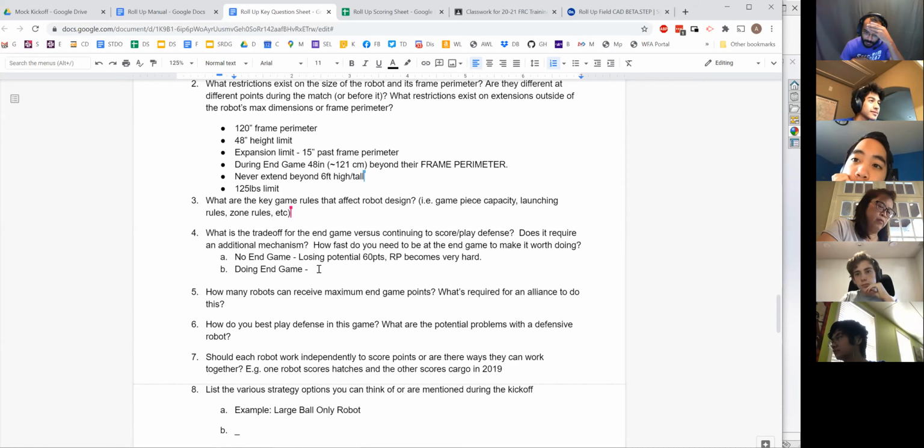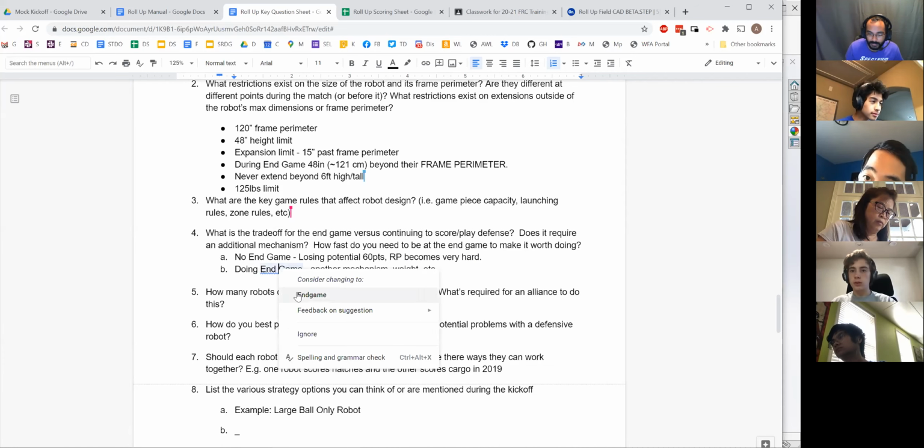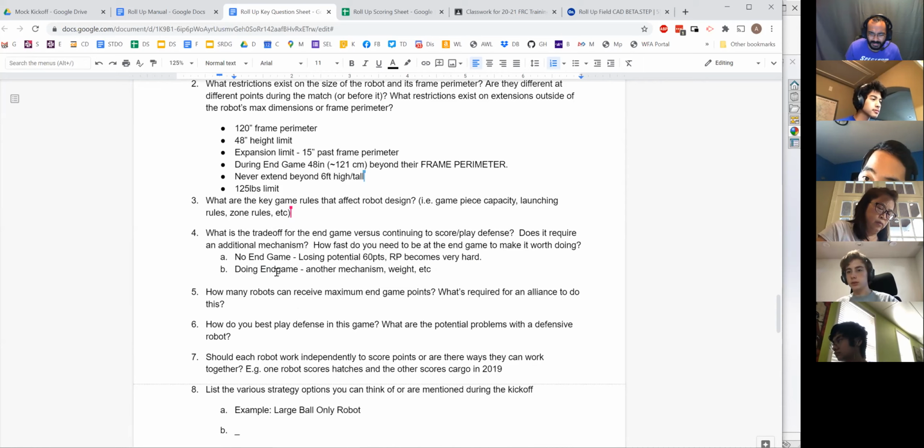Okay, so what is doing the end game? What are we sacrificing? There's another mechanism, right? Almost certainly. Mechanism, weight, etc. Like there's design time, all of that. Potential to just spam balls.